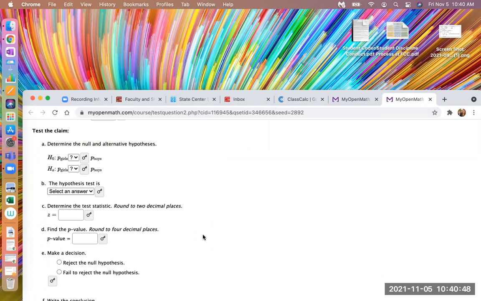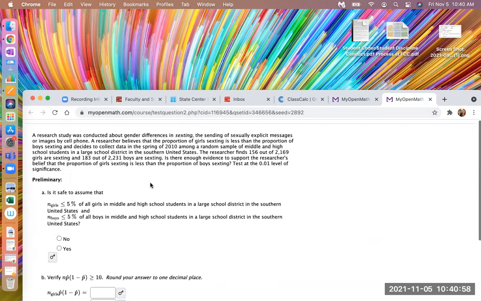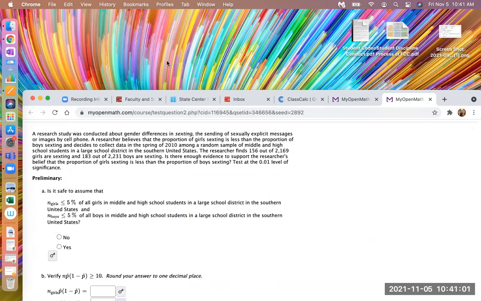All right, next, determine the null hypothesis. I told you guys to write it out as we listened to it again. Is there evidence to support their claim that the proportion of girls, p of girls, is less than the proportion of boys?